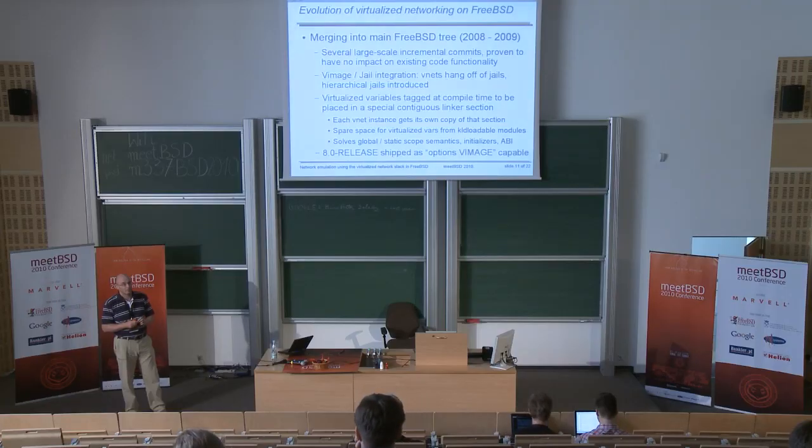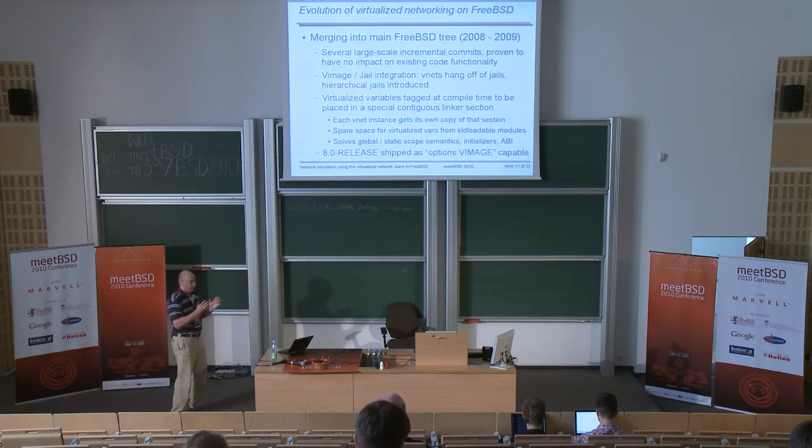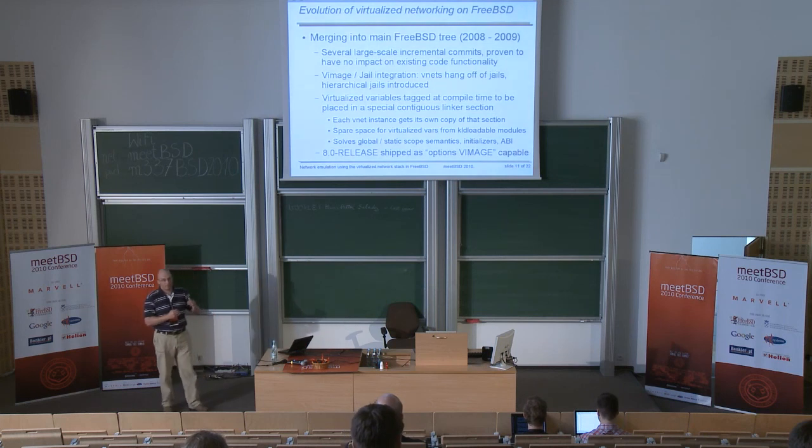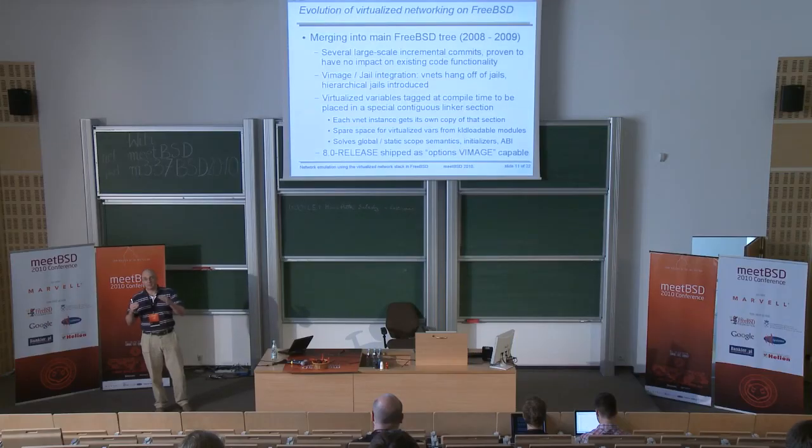So based on how per-CPU variables can be sorted by a linker to be in a contiguous address space, the same trick was used to force the linker to put all the networking variables that are marked for virtualization in a contiguous address space.